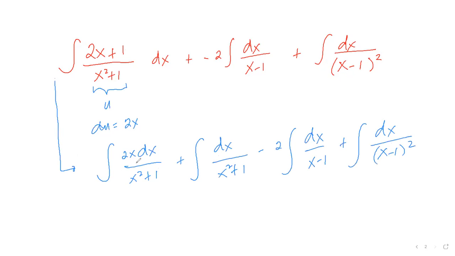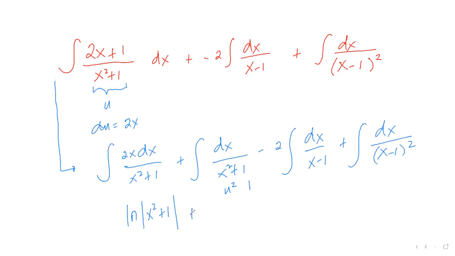This one will yield, if your du is in the numerator and your u is in the denominator, an ln. So this is an ln of x squared plus 1. This one will yield what? We're done with this. Arctan. This is your u squared. This is your 1.